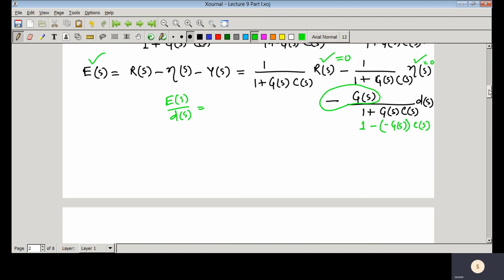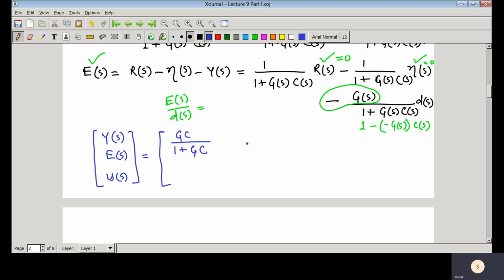If you write it in matrix form, you will get Y(s), E(s) and U(s) on the left. I am just not showing the Laplace variable.